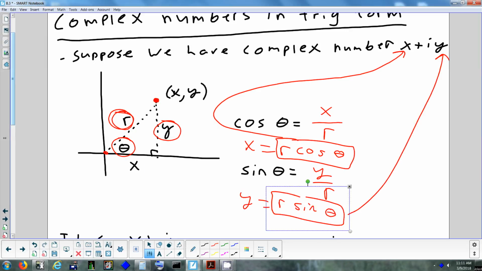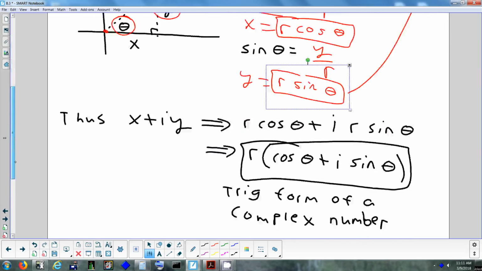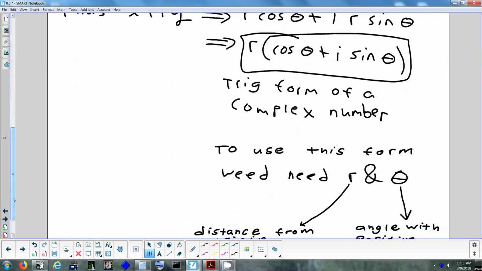So using right triangle trig, we're replacing x with an r and a theta, and we're replacing y with an r and a theta. I still have to explain how to calculate those two things, but I will in a second. So, fill them in, and you get what's in that box right there. That's the trig form of a complex number. So what would a final answer look like in trig form?